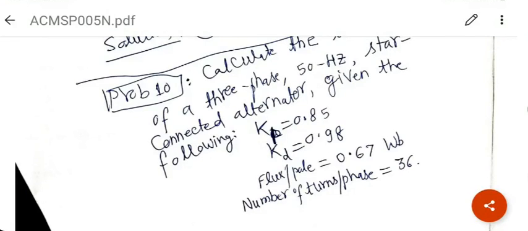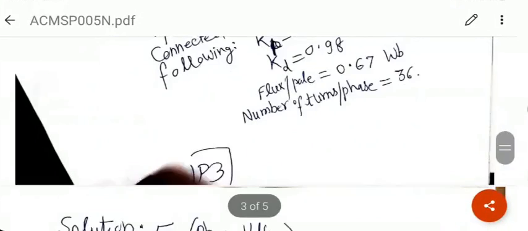This number is given to you as 0.85. Kd depends on the direction of the winding. Don't worry too much about details here. Just take these empirical factors as they are given to you. Kd is 0.98. Flux per pole is 0.67 Weber and number of turns per phase is 36. Calculate the line voltage. It is star-connected alternator.